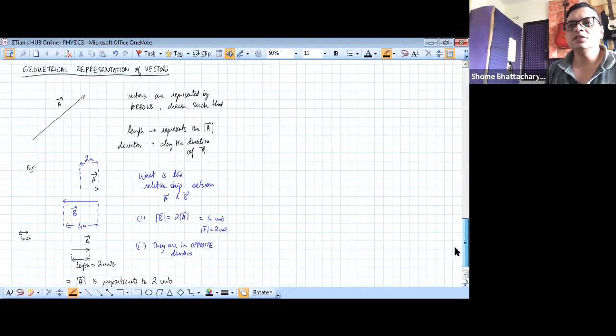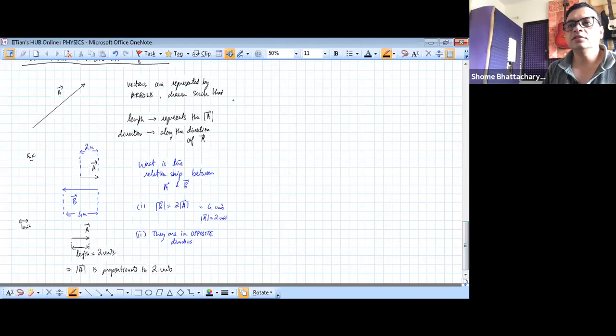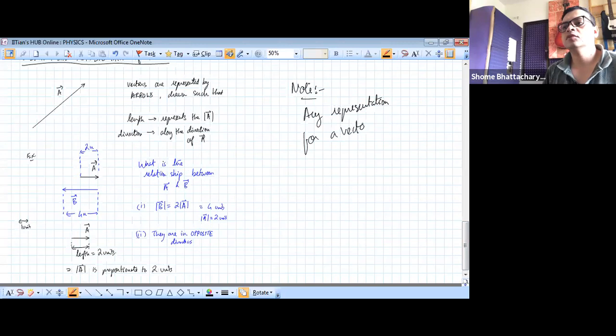So we draw the arrows in such a way that it covers both the things. Okay, so the point is, any representation used for a vector must define two things. It must define the magnitude of the vector, and it must define the direction.